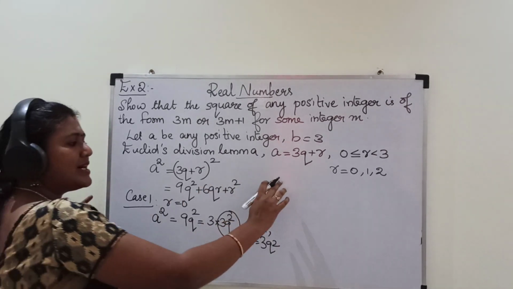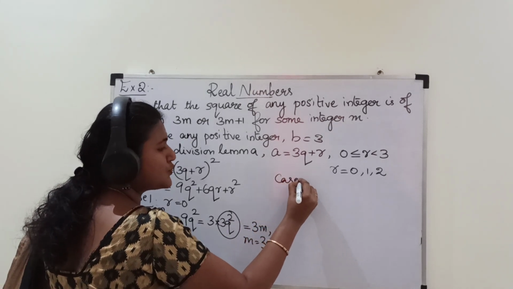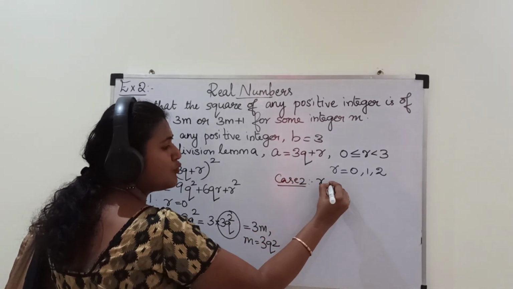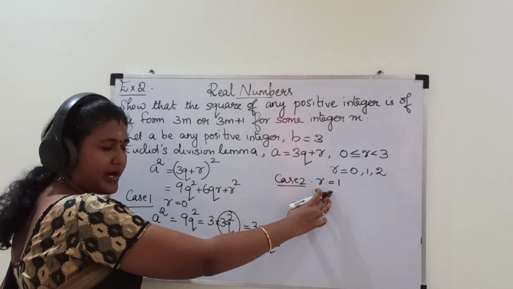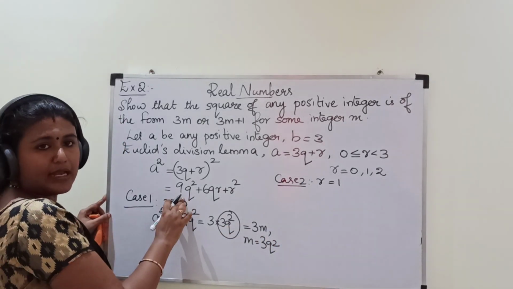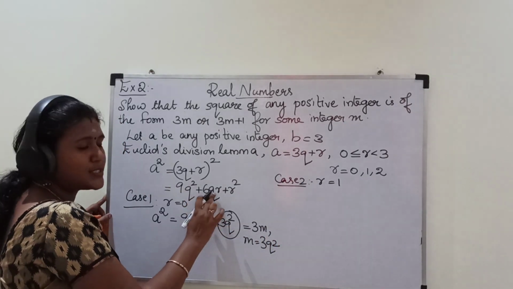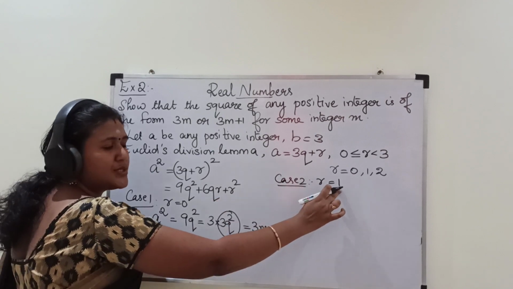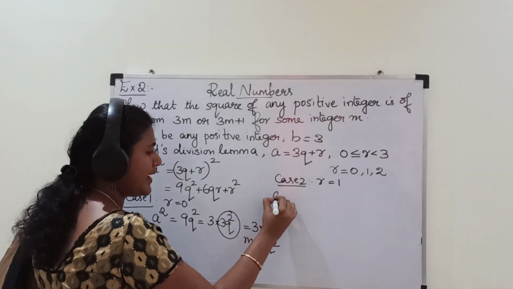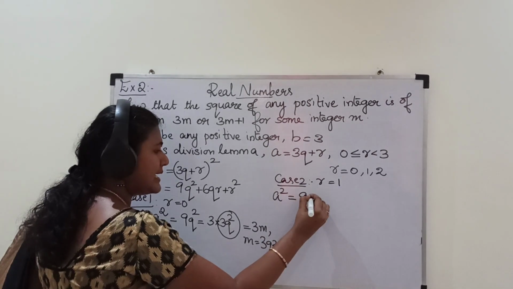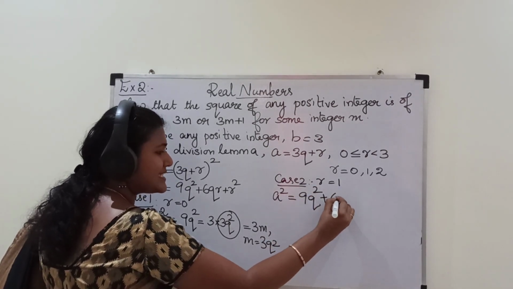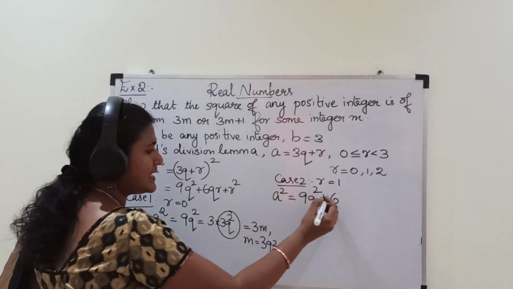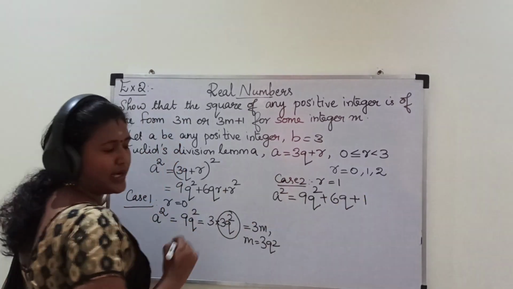Now we will go to the second case, when r is equal to 1. What is the value of a square? Here we will substitute r equal to 1. So a square is equal to 9q square plus 6q into 1, that is 6q, plus 1.